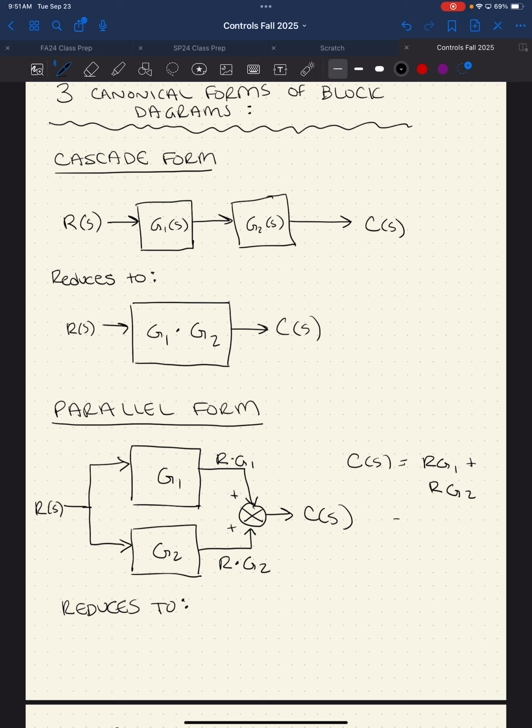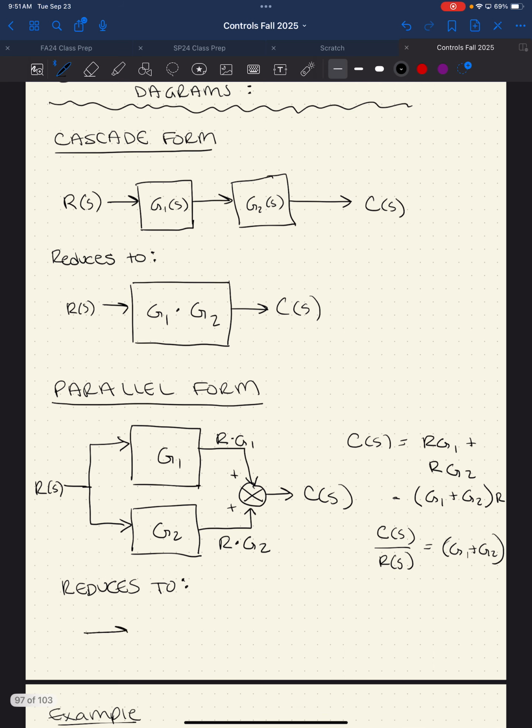I can factor out my R. You just add them in a block. So to get output over input, C of S over R of S, this is just equal to G1 plus G2. Okay, so this reduces to R into a block that's G1 plus G2.